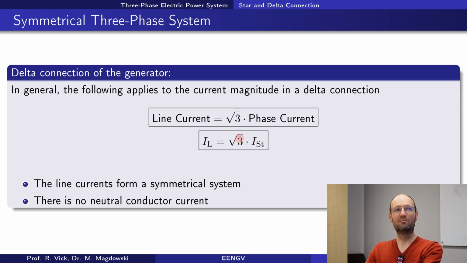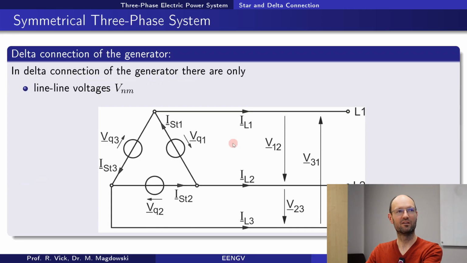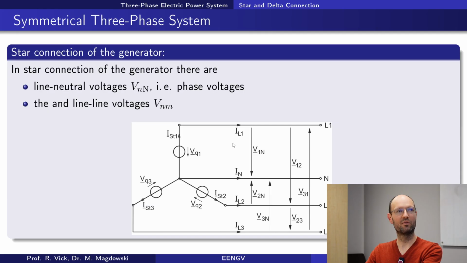I would say the important thing is to remember this factor of square root of 3. If I go back to the star circuit, here current and current is equal, but voltage here and voltage here is not equal, or phase voltage and line voltage are not equal.